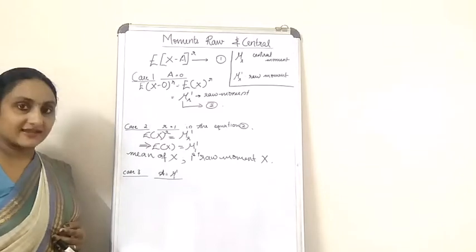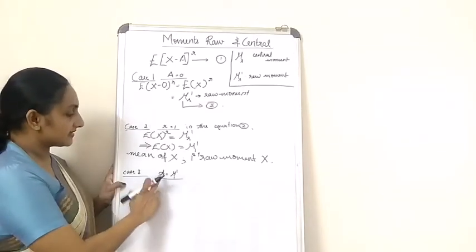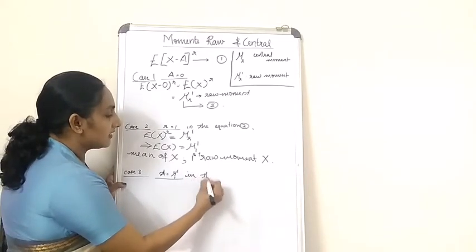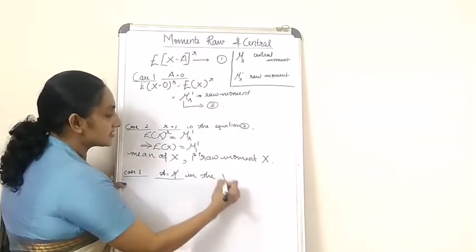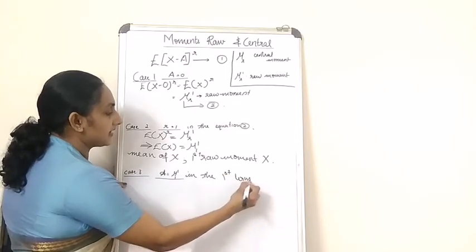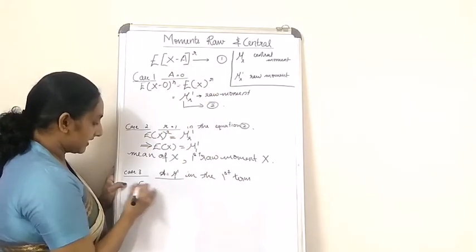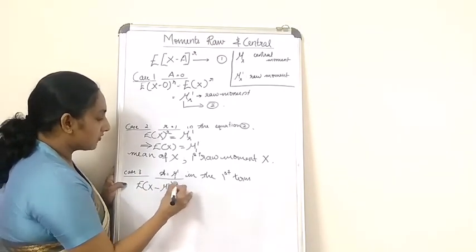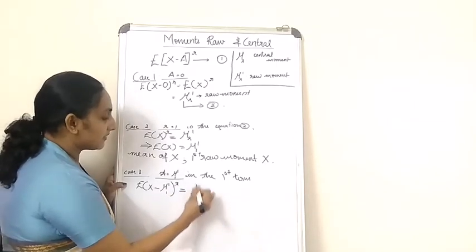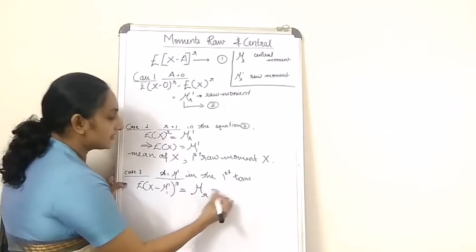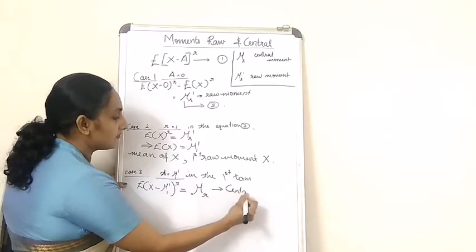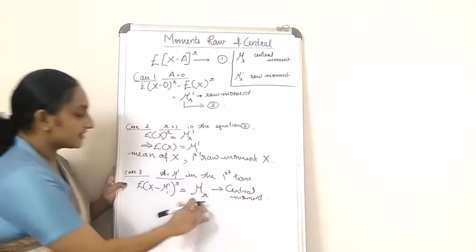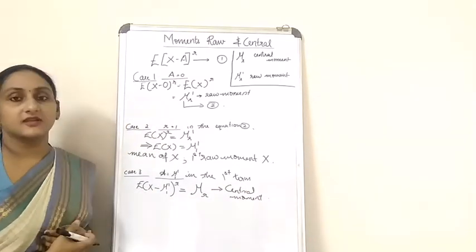Now, coming to case 3, a is equal to mu 1 dash. Taking the first term that I marked, the expectation of x minus, instead of a, mu 1 dash the whole raised to r, is what I denote by mu r, and this is called the central moment, the rth central moment of the random variable x.